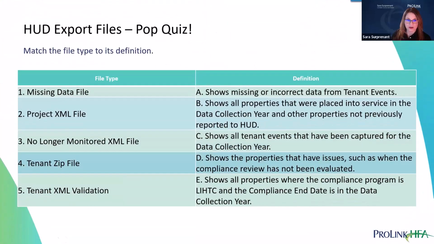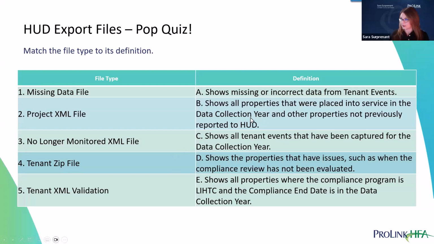All right, so we're going to have a quick pop quiz to understand what file type matches the definition of the file, which I'm pretty sure you all know, but let's just play along at home. Your missing data file, what is that? Does it show missing or incorrect data from tenant events?